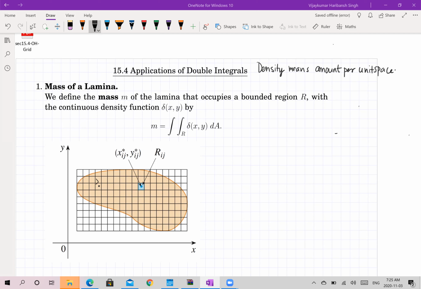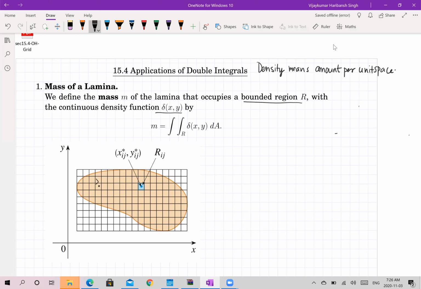Define the mass of the lamina that occupies the bounded region R with continuous density function delta(x,y), and that mass is given by m, which is the double integral of delta(x,y) dA, where this double integral is over region R. So the idea is you are given a lamina.